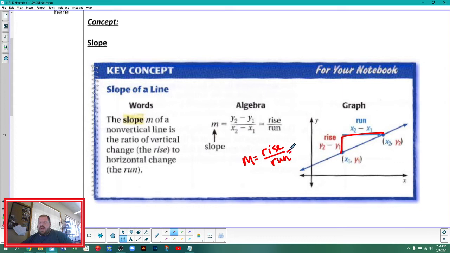Another way we think of that mathematically is we think of delta, a triangle symbol with a y, as the change in y over the change in x. How much does y change divided by how much does x change? All right, and for me, I'm always going to be looking left to right. I'm going to find 2 points on my line and then always look left to right.